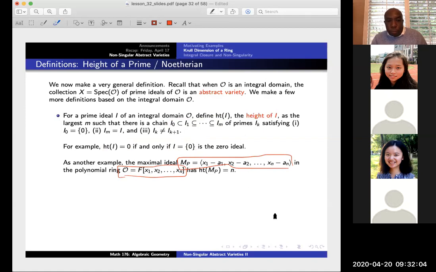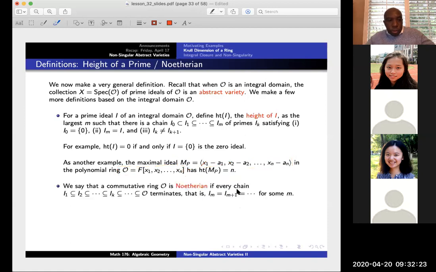In the homework, I'll have you work out that the height of this maximal ideal is n. It does literally look like the number of generators that you have here. So that's the first concept, the height of a prime ideal.